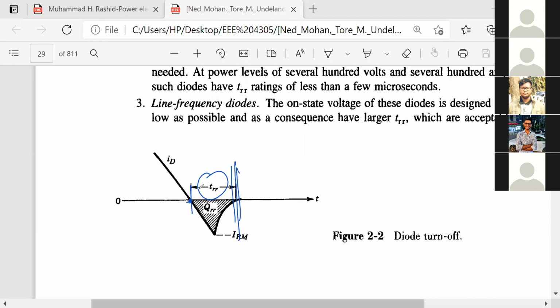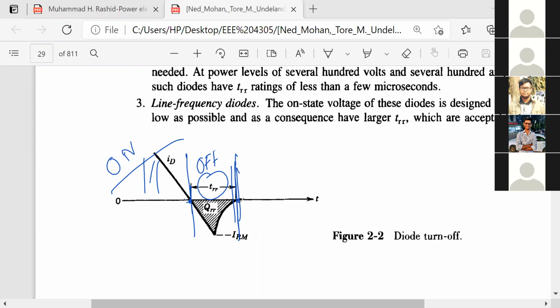This reverse recovery time limits turning your diode on and off quickly, because you must wait for the current. The diode was on, but when you turn it off, it does not go to the off position right away; it takes some time.